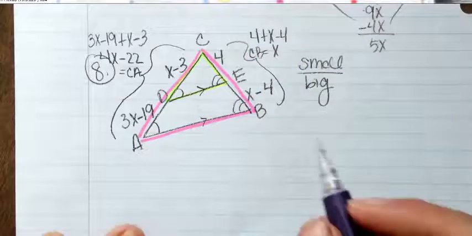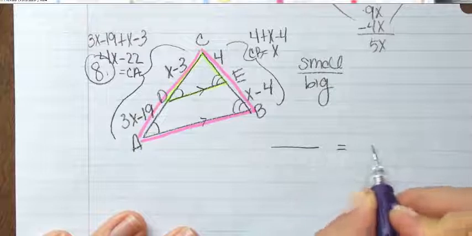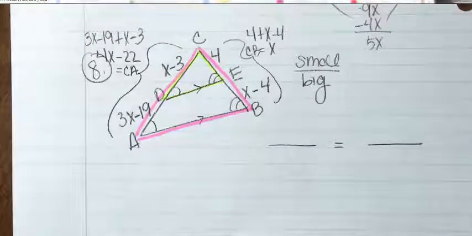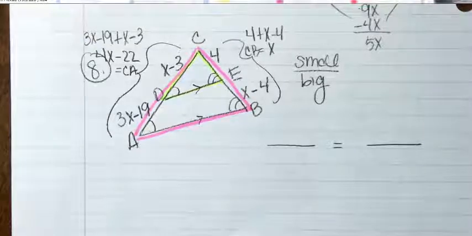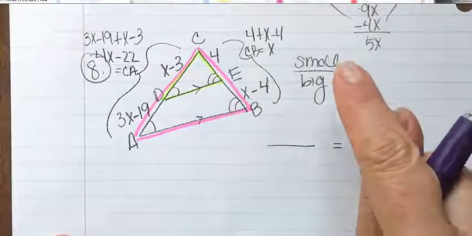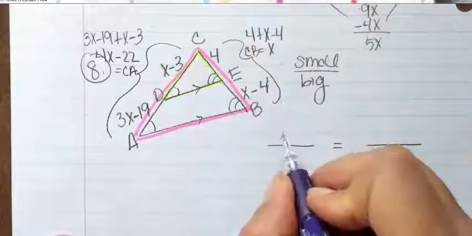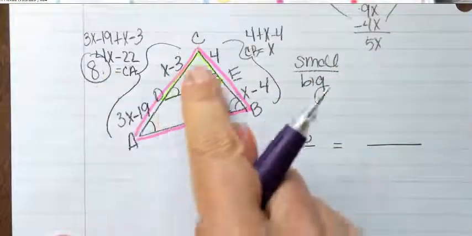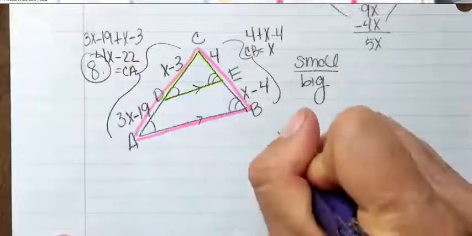All right, so I'm going to set up a proportion so that I can solve for x and figure out what x should be. I said I was going to do small over big, so I'll do x minus 3 over CA, which is 4x minus 22.